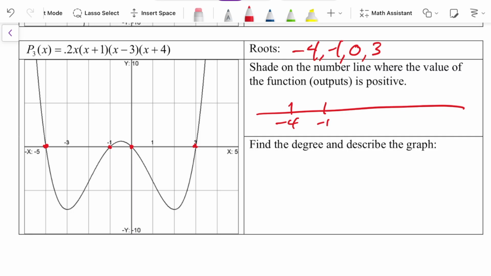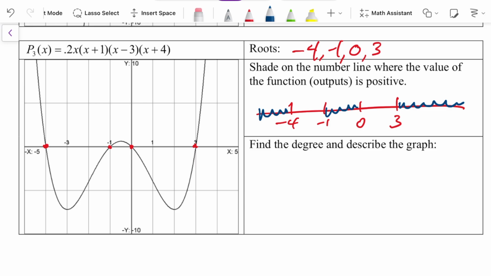That's the whole point of looking at the number line. So we start out positive above the x-axis, then we go negative, then we go below, then we go above again, and below, and then finally above.